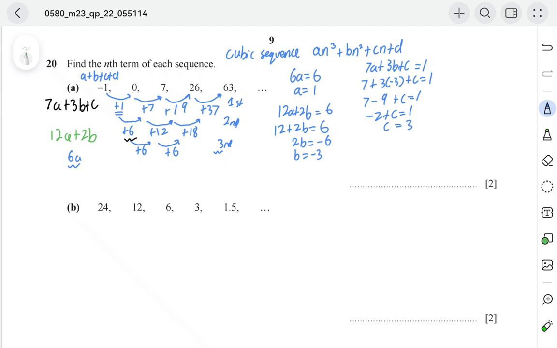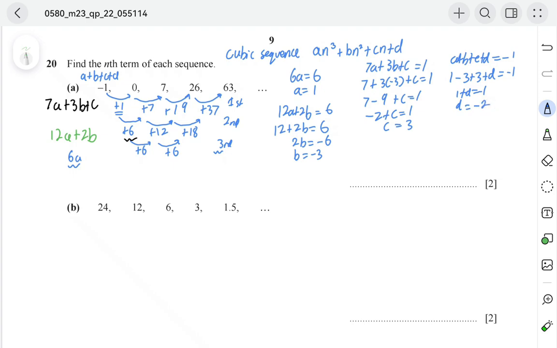Then finally, a plus b plus c plus d equals negative 1. So that's 1 minus 3 plus 3 plus d equals minus 1. So 1 plus d equals minus 1, and then d equals negative 2.